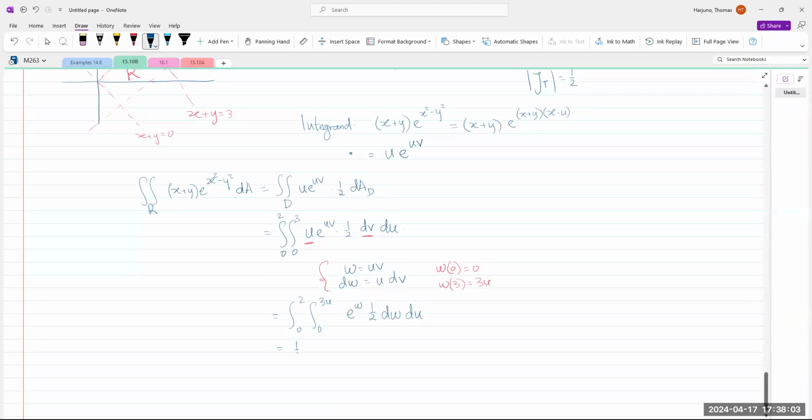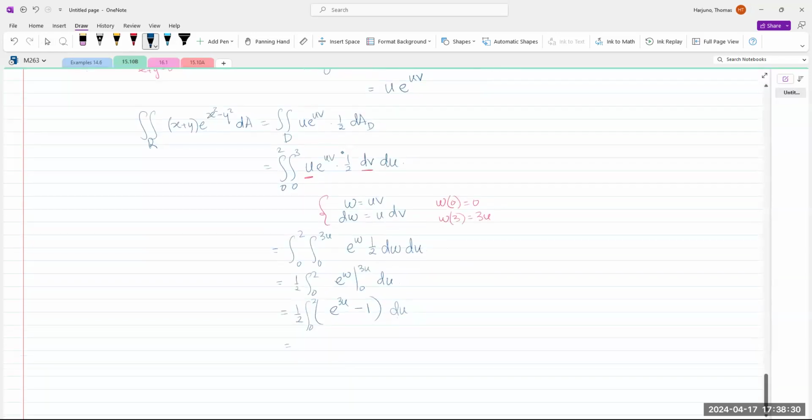That's 1/2 integral from 0 to 2 of e to the w from 0 to 3u du. That's 1/2 times e to the 3u minus 1, integral from 0 to 2 du.